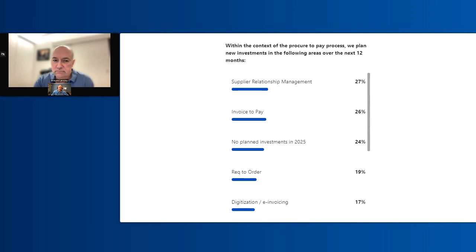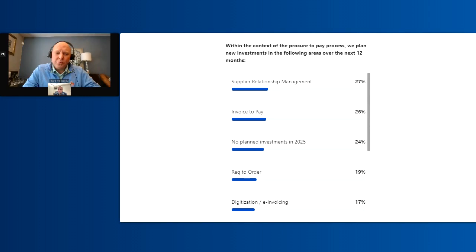We asked you, within the context of the procure to pay process, where do you plan new investments in the next 12 months? Well, look at this. 27% of our attendees say they plan to make investments in supplier relationship management. 25% plan to make investments in their invoice to pay. 18% of you say you plan to make investments in rec to order.